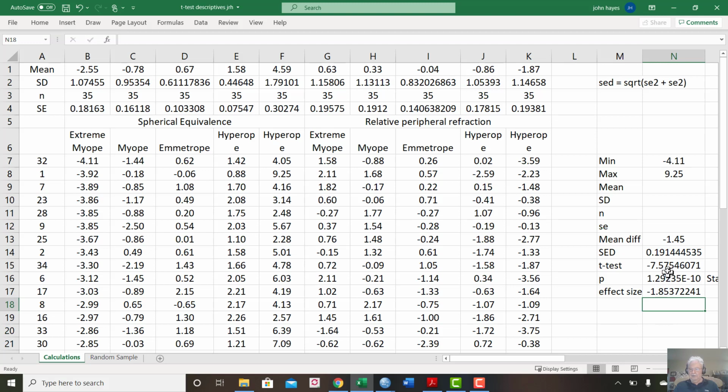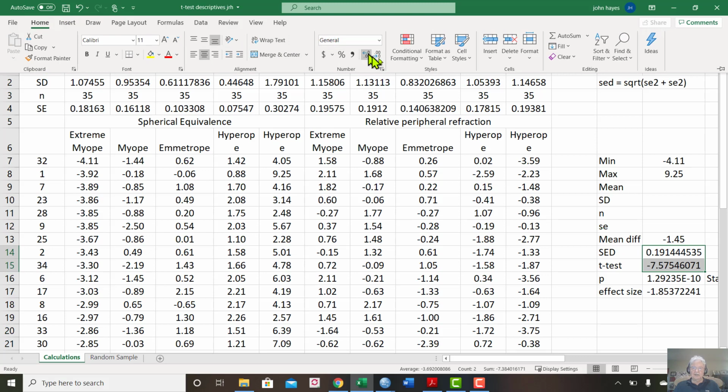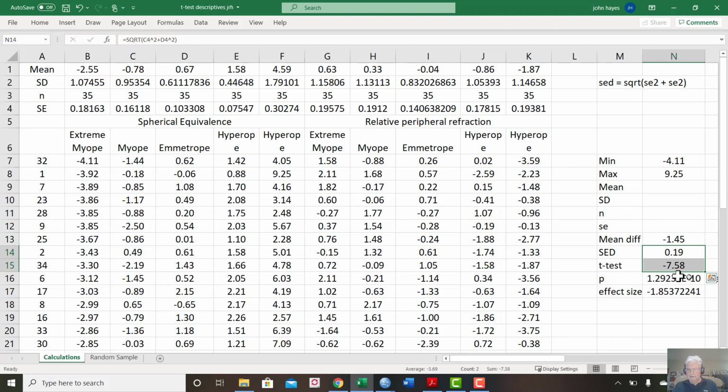Now we might want to, just for the heck of it, cut down the decimal points there. So we would come up here, and there's increase decimal points, decrease decimal points. We want to decrease them to maybe 2. This one, it's kind of a lost cause.